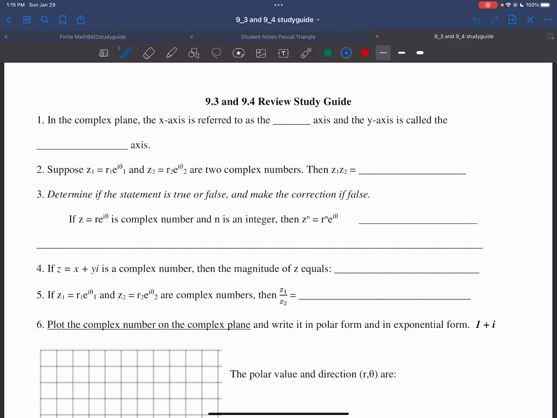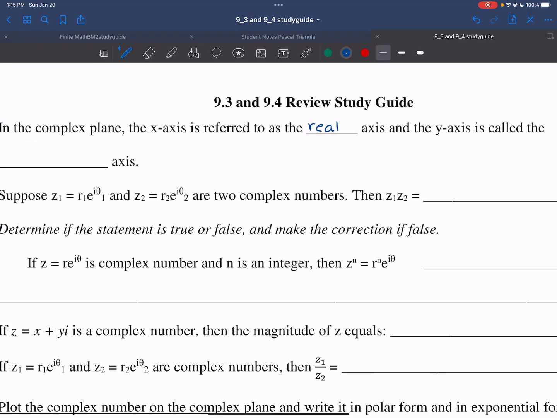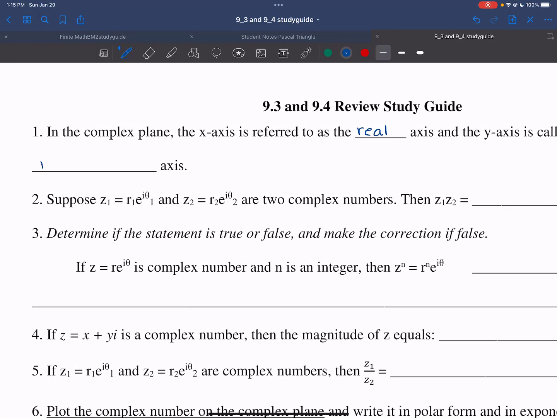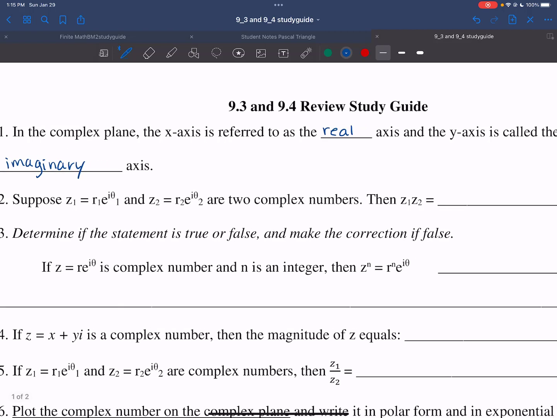In the complex plane, the x-axis is referred to as the real axis, and the y-axis is called the imaginary axis. Suppose z1 equals r1 e^(iθ1) and z2 equals r2 e^(iθ2) are two complex numbers.